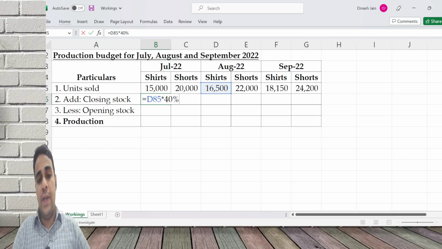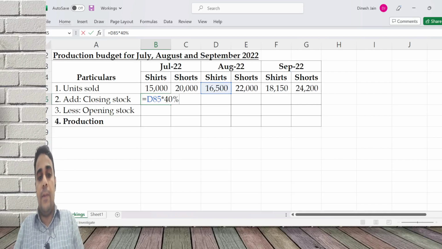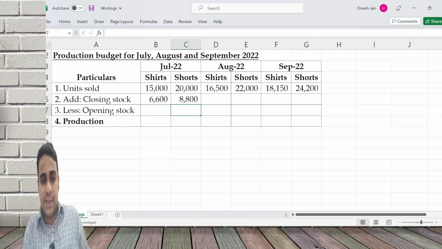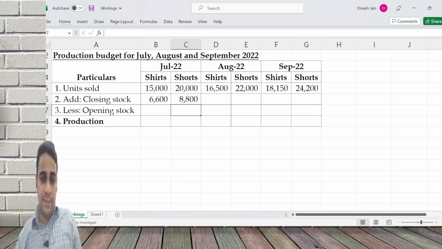Closing stock is 40% of next month sales.